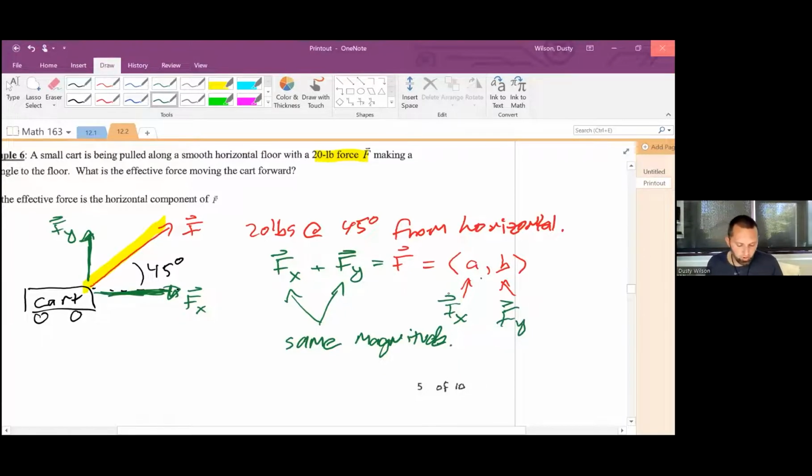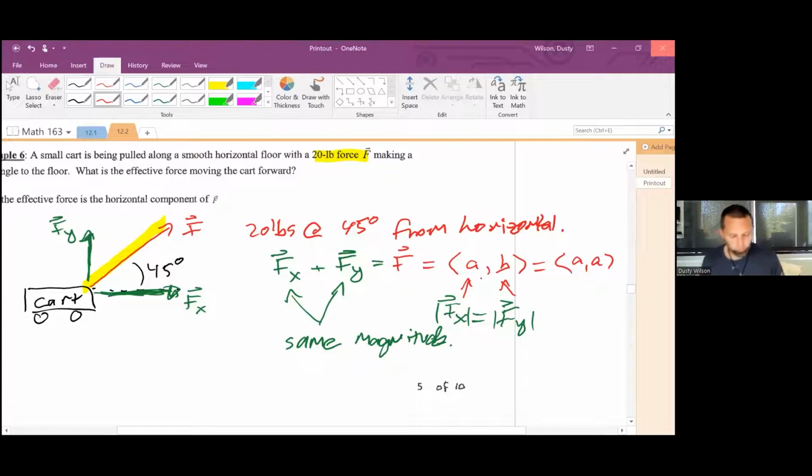And I should say that these are the magnitudes, not the vectors. And we already decided that these two magnitudes were equal, kind of based on symmetry. So in other words, our vector F is almost like an <A, A>, not <A, B>, because it's got the same x component and y component.